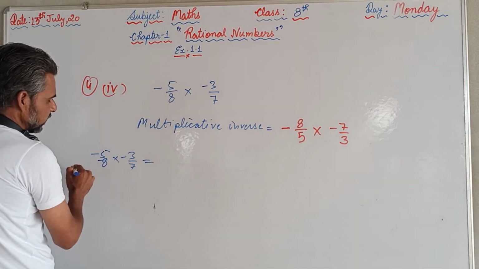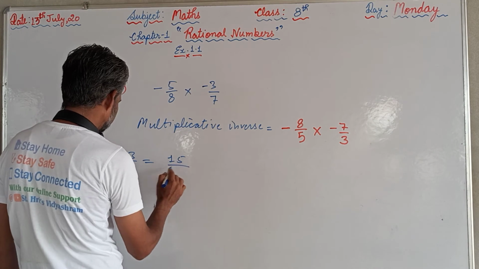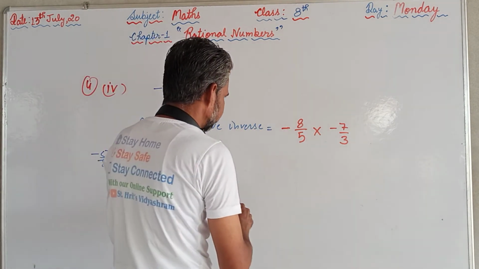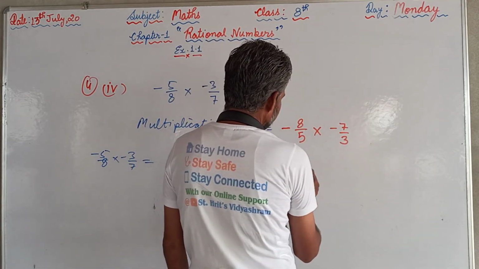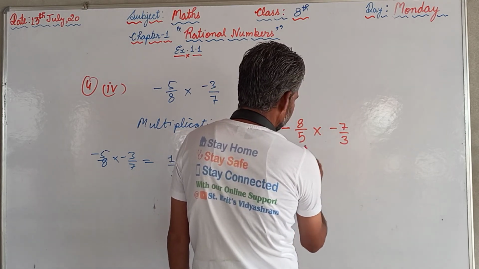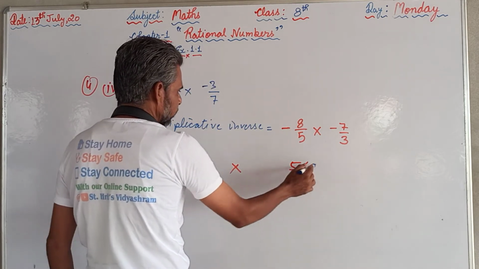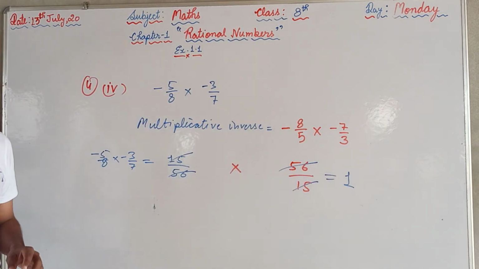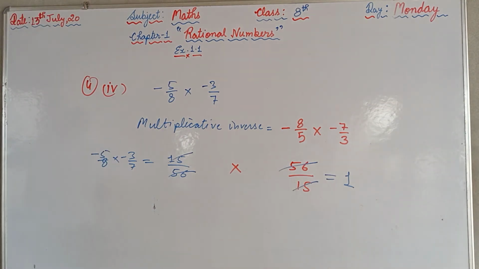It will become minus minus plus in multiplication. 5 3s are 15, 5 8s are 56, and here we multiply the multiplicative inverse as well, minus minus plus, 56 upon 5 3s are 15. So when we multiply both, 56 cancels out, 15 cancels out, and the answer will be 1. That is the property of multiplicative inverse. So in this way we are supposed to proceed in this question.